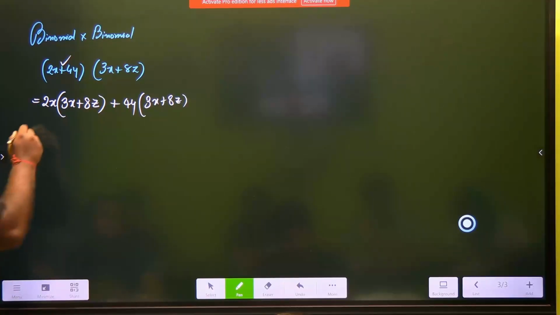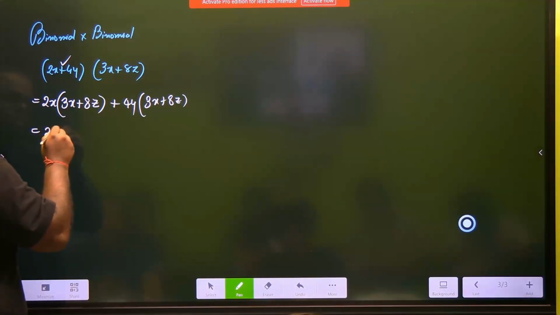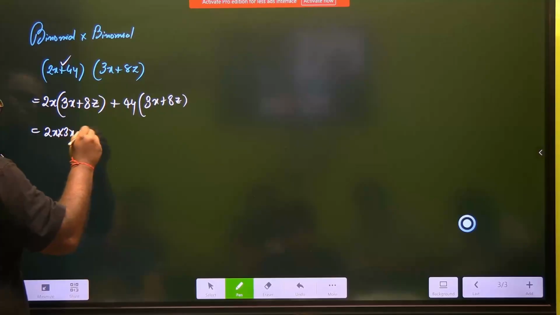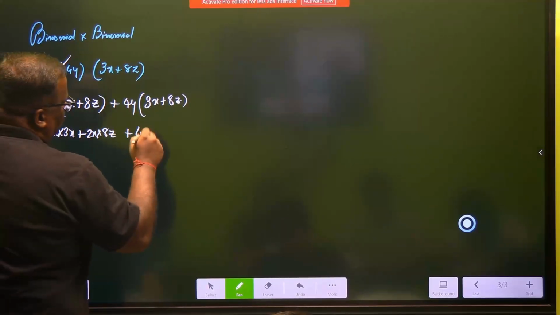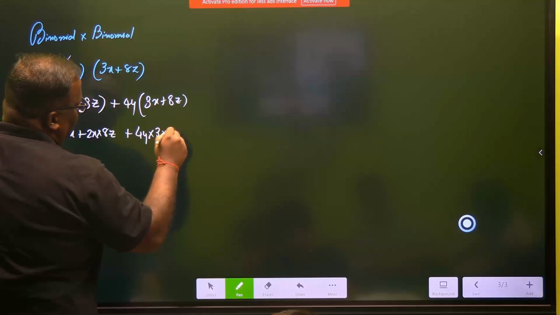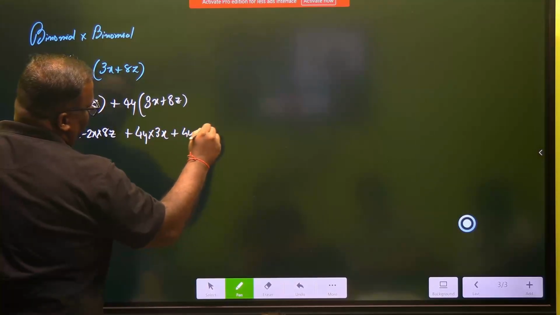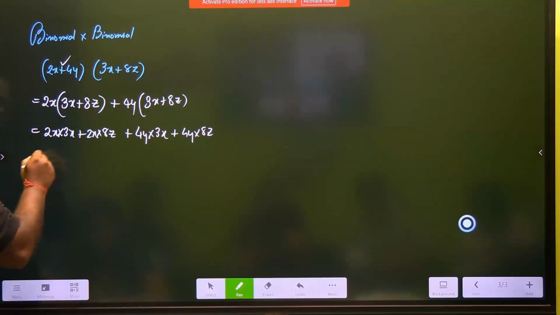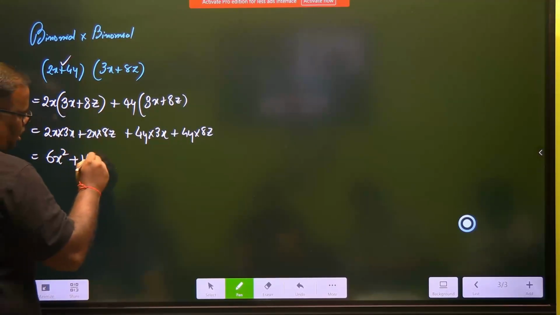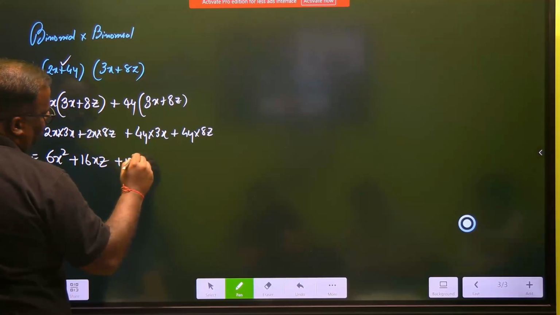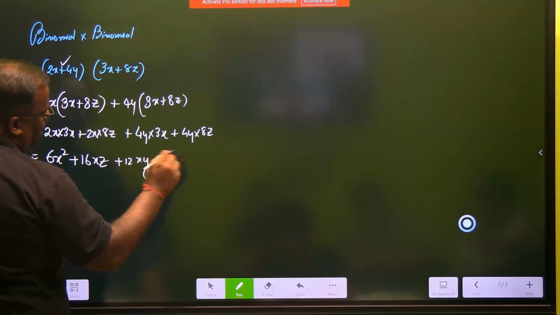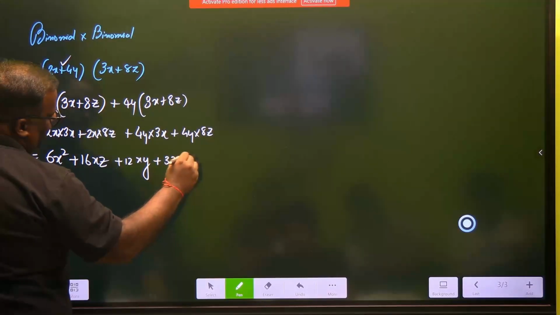Now 2x will rate the bracket. 2x into 3x plus 2x into 8z plus 4y into 3x plus 4y into 8z. 2x 3x is 6x square plus 16xz plus 12xy plus 32yz.